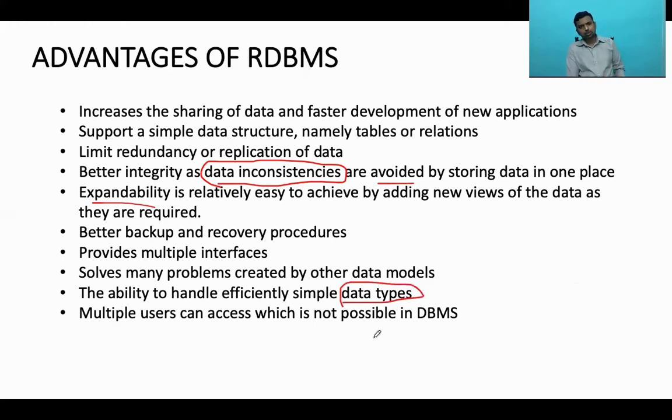What kind of data am I going to store? If I'm going to store a number, you have a data type number. If a character, you have a data type character. If a date, you have a data type for date. So for everything, we have a data type as per our requirement. Multiple users can access. Very important that multiple access is possible in RDBMS, where it is not at all possible in a file-based DBMS.